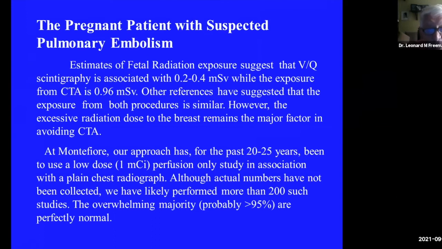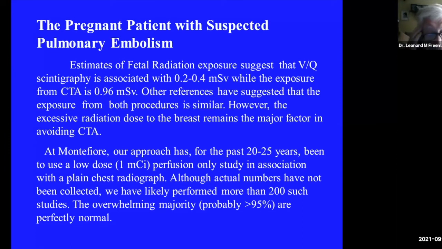Now, the pregnant patient, for many, many years, I would say for the last 25 years, we have been doing perfusion alone, okay? And we've been using just a 1 millicurie dose of macroaggregated albumin as being sufficient to do a perfusion study.